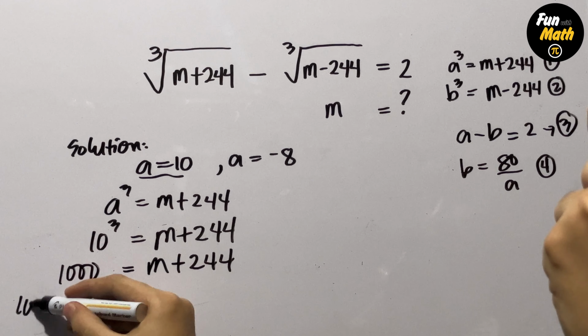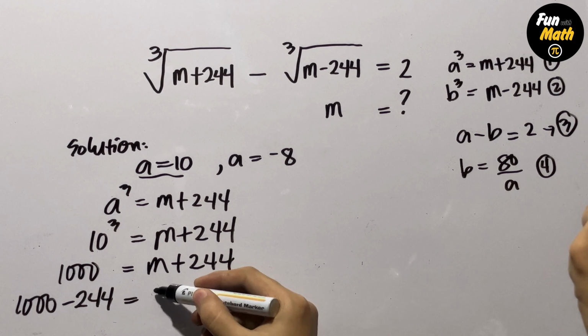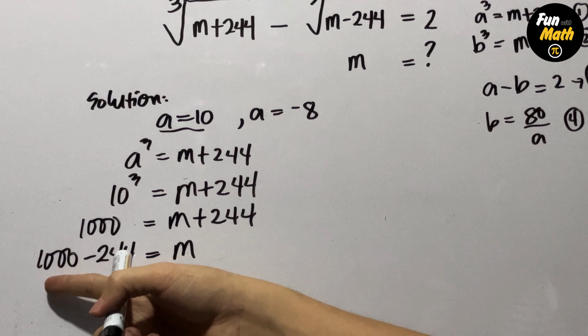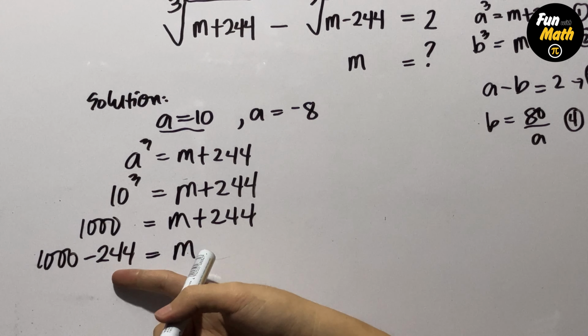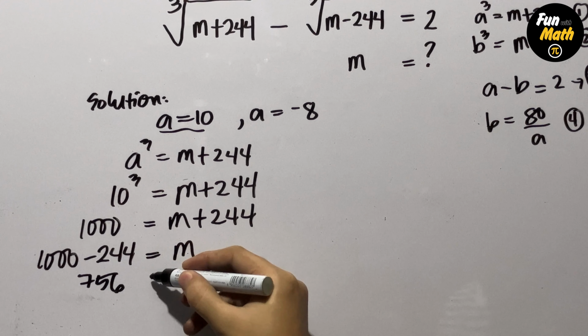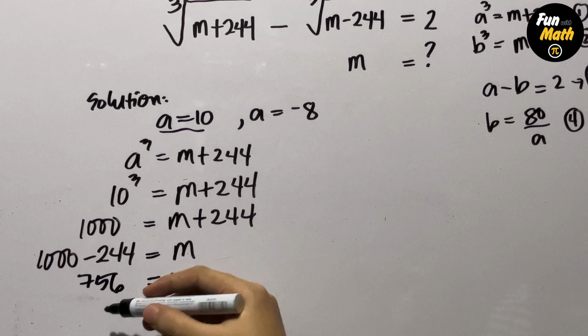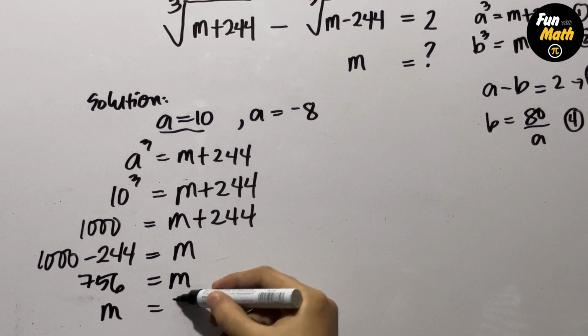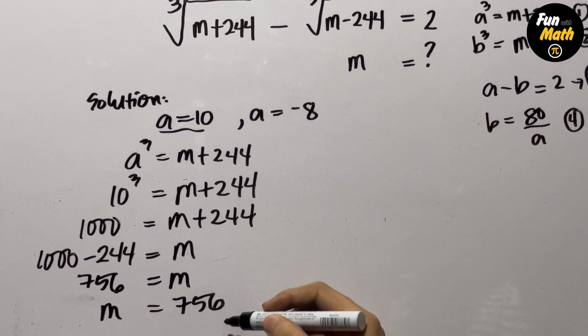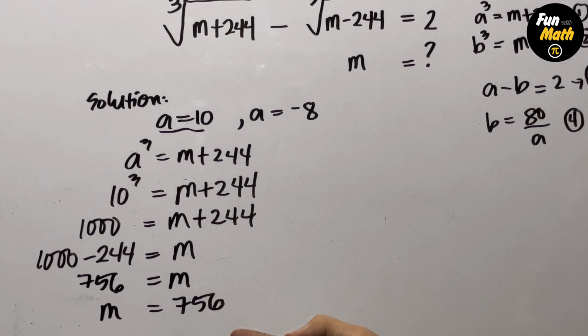This is now 1,000 minus 244 is equal to M. 1,000 minus 244, that's equal to 756 is equal to M. Using the commutative property, this is M is equal to 756. So M is equal to 756.